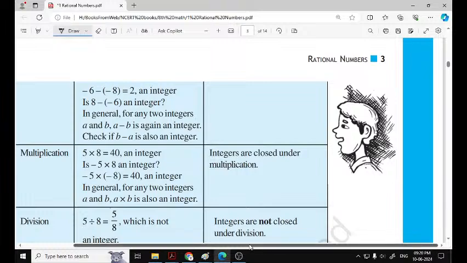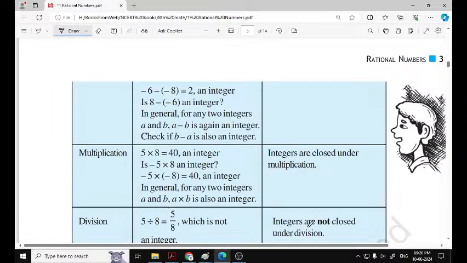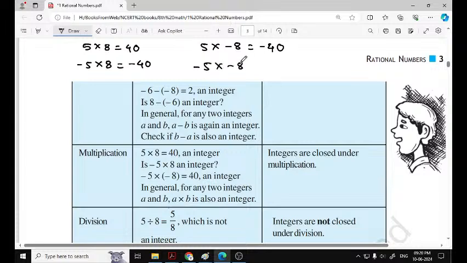Now multiplication. Multiplication of two integers is again an integer. 5 and 8 are integers, their multiplication is 40. -5 into 8 is -40, this is also an integer. 5 into -8 is -40, and -5 into -8 is +40.